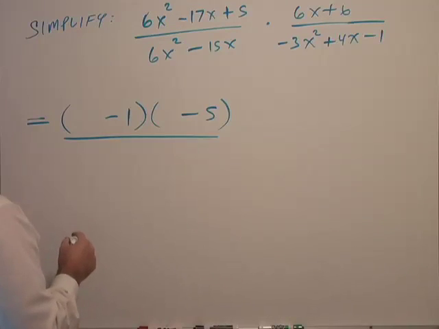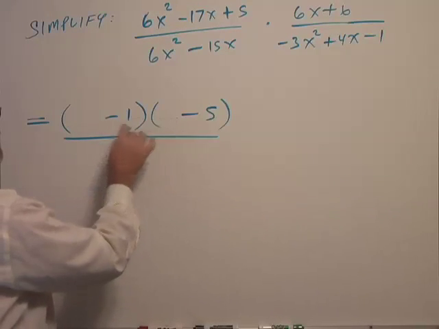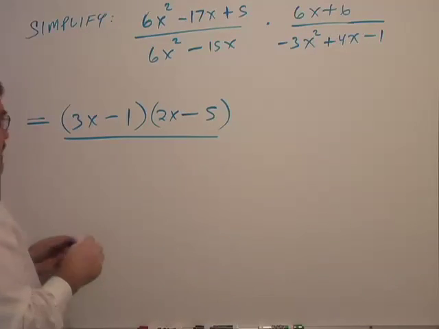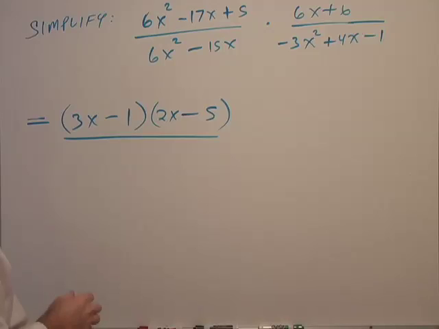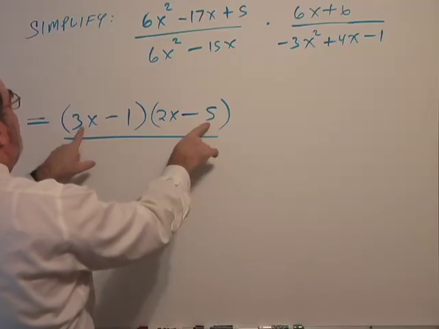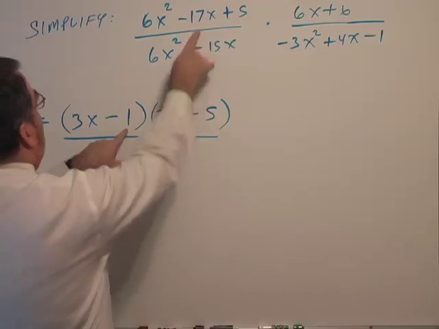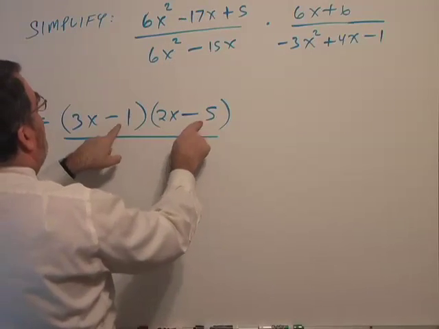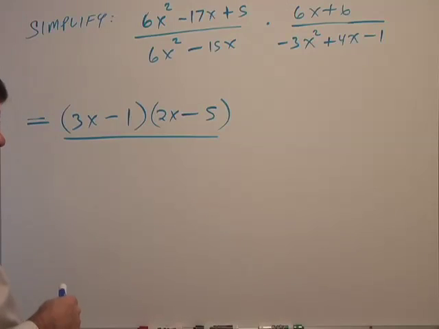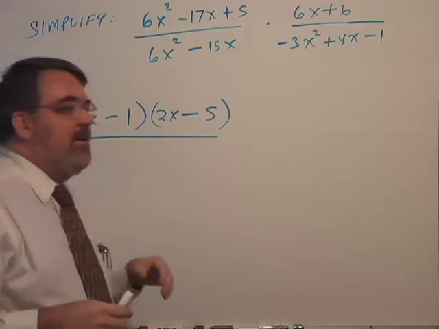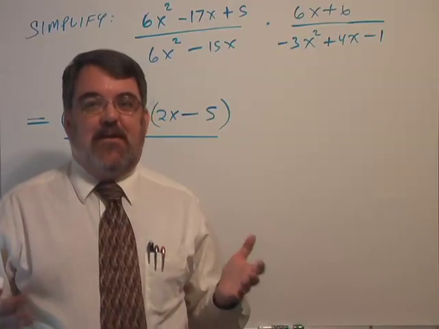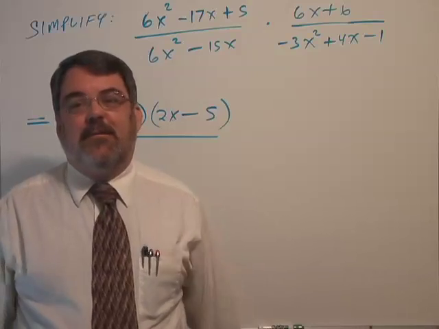It's probably 3x and 2x, and I think the 3 has to go here and the 2x has to go there. So let's double check that factoring. It says 6x squared minus 15x minus 2x, that's actually minus 17x, and then here the negatives cancel, I get plus 5. So everything checks out. About at least half the errors made in this chapter are due to people just not factoring correctly, not checking their factoring.